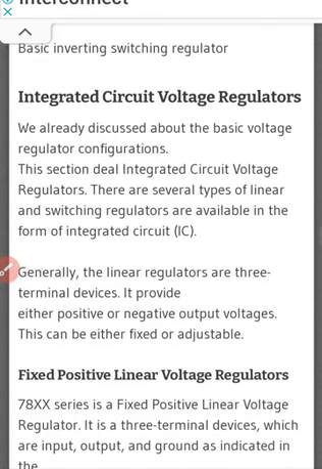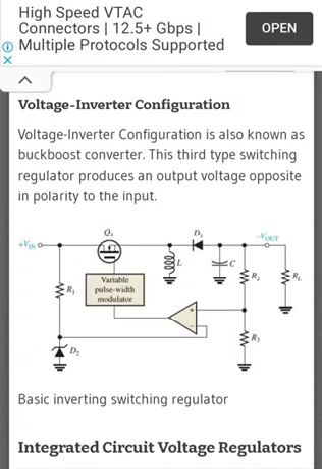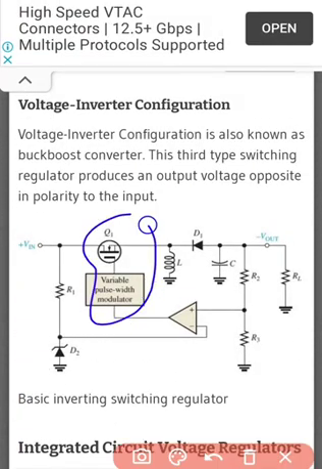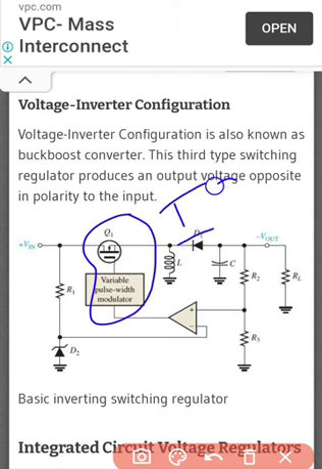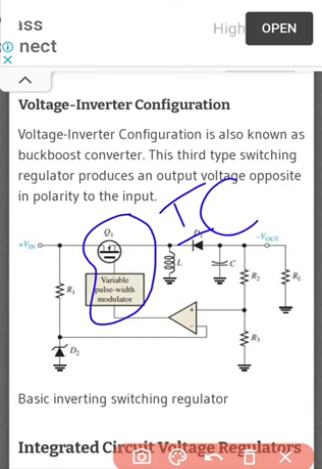Then comes our main part, integrated circuit voltage regulators. This section generally deals with integrated circuits for whatever we have seen here. If you substitute the MOSFET with an IC, it similarly acts as the device, in the voltage inverter IC configuration and also the step up IC configuration.